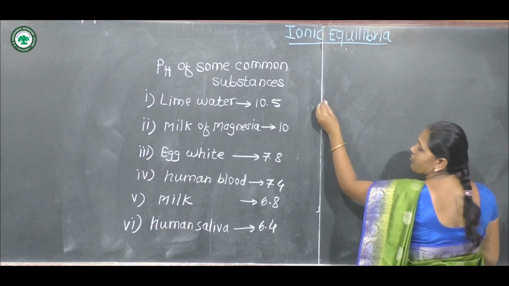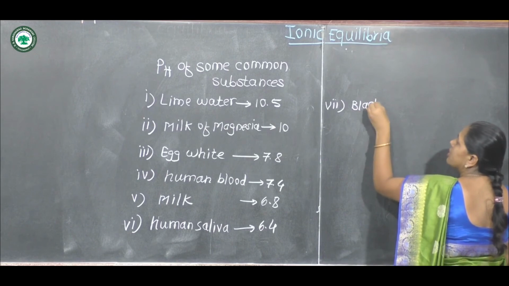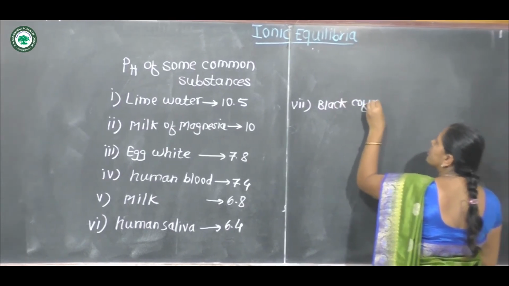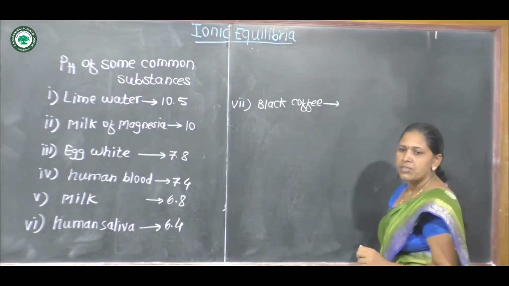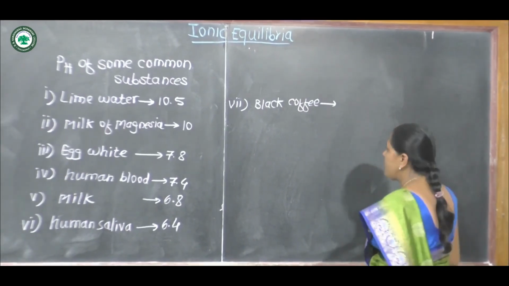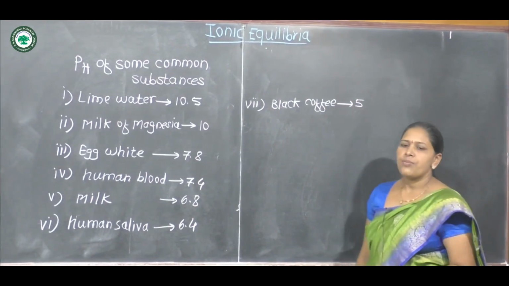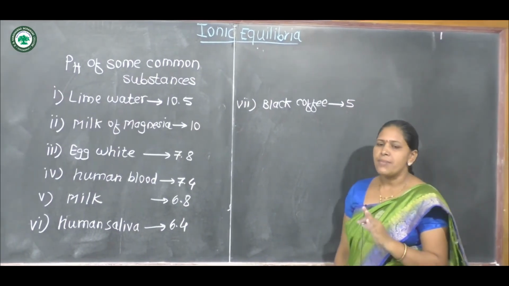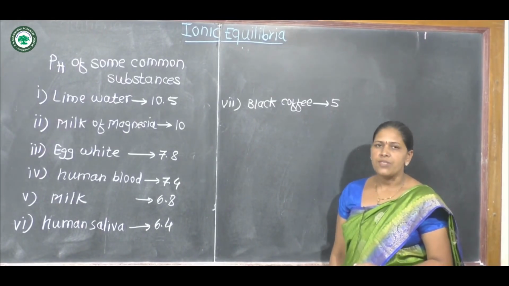pH of black coffee is 5. Therefore, can we say that coffee is acidic, basic or neutral? Its pH is less than 7, that is 5.